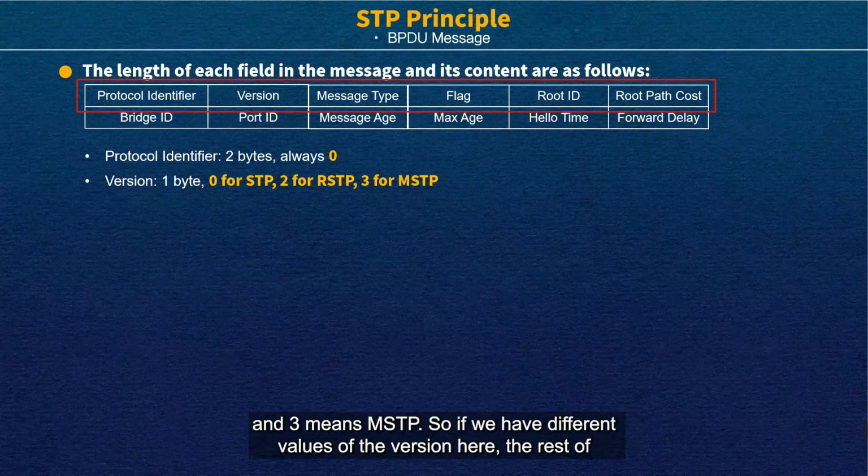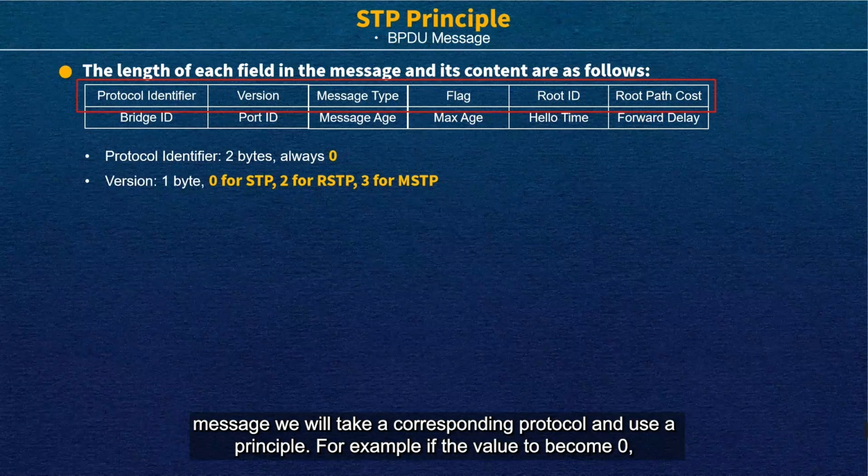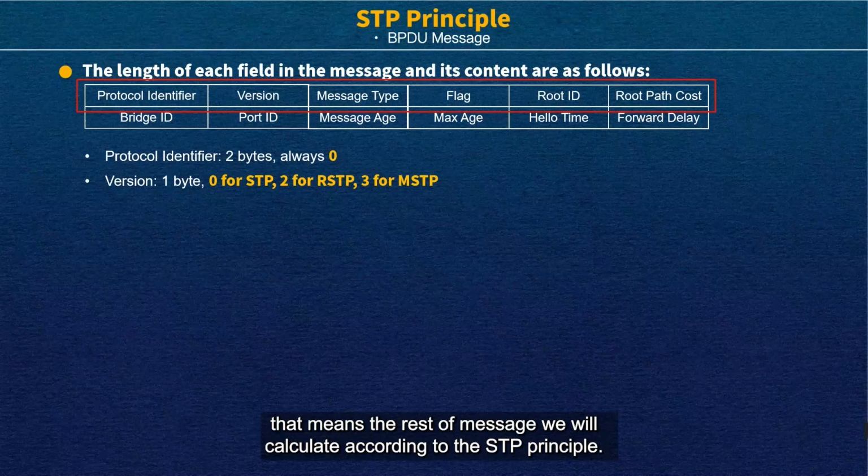If we have a different value of the version here, the rest of the message will follow that specific protocol's principle. For example, if the value is 0, that means the rest of the message will be calculated according to the STP principle.